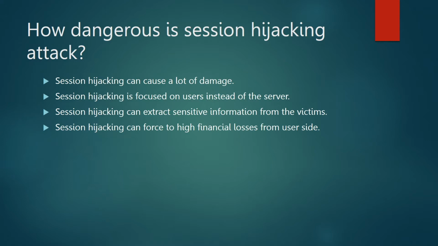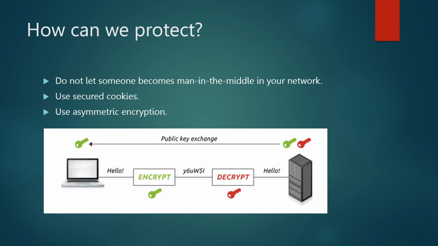So now we get to the prevention of the attack. What can you do about preventing it? The first thing is to not let anyone become the man in the middle, and this is done by tools or a firewall which watches over your ARP requests. ARP is the protocol whose packets map which IP address belongs to which MAC address.